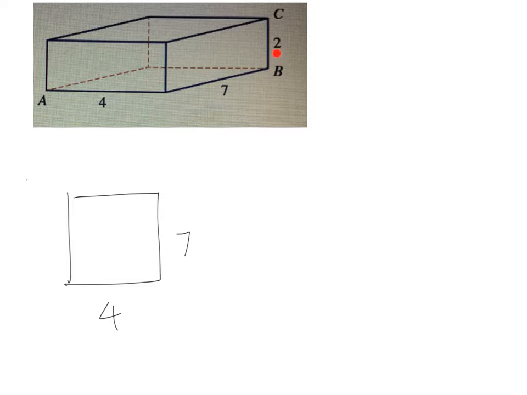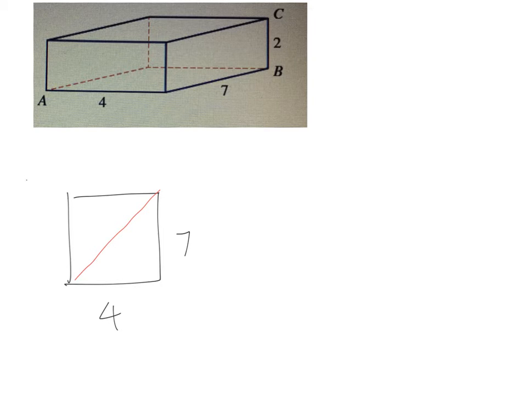So you can make a triangle that's in this plane, standing upright. Basically, you're finding this hypotenuse, and then that becomes the bottom side for the next triangle. So let's see how this goes.